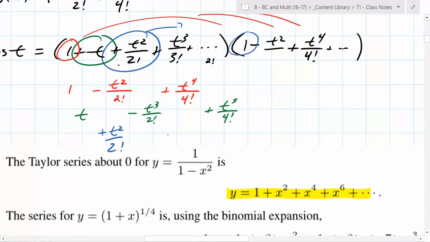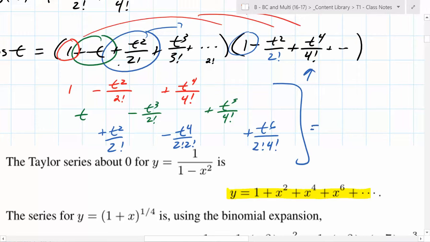Then t to the 4th over 2 factorial times 2 factorial right there, right? Over 2 factorial, not 4 factorial. Careful, don't do that. And what's that last term you would get if we did times this one? 2 factorial, 4 factorial, right? So if we want to start canceling terms here, what's the lead?